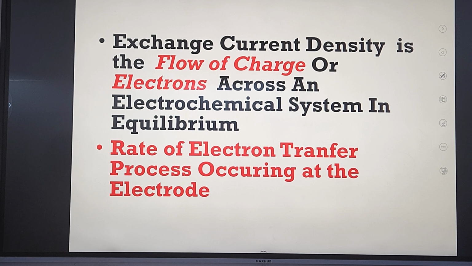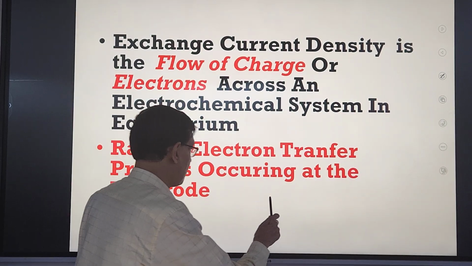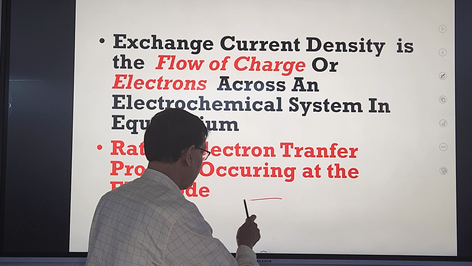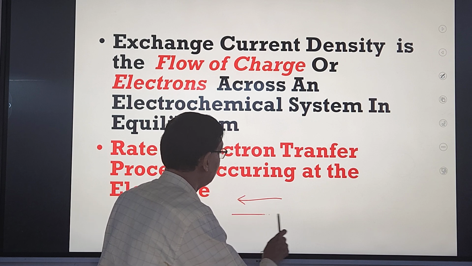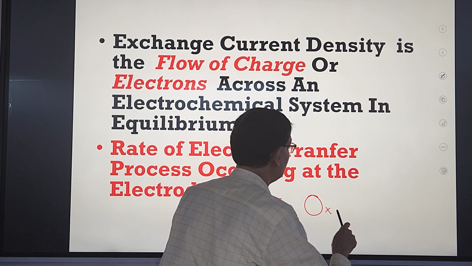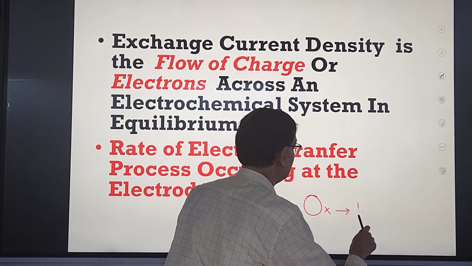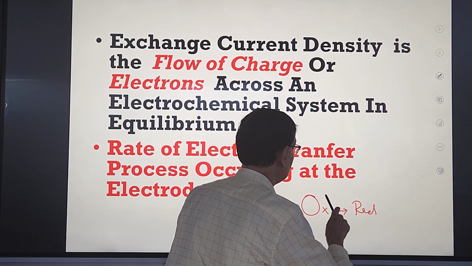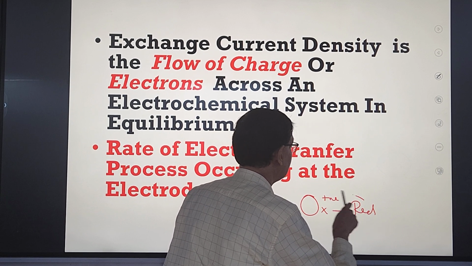So now I am coming to what exchange current density actually is. The definition of the exchange current density: it is a transfer of electrons, maybe from this side or maybe from this side, maybe from oxidation, the loss of electrons.